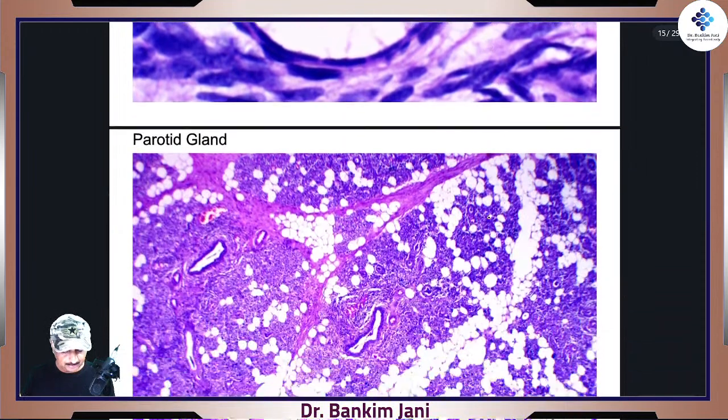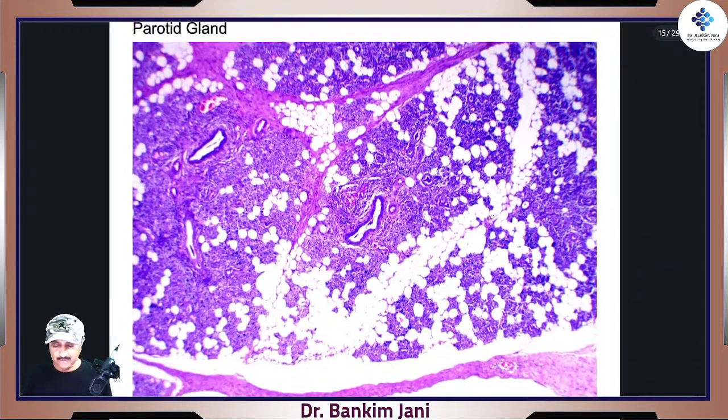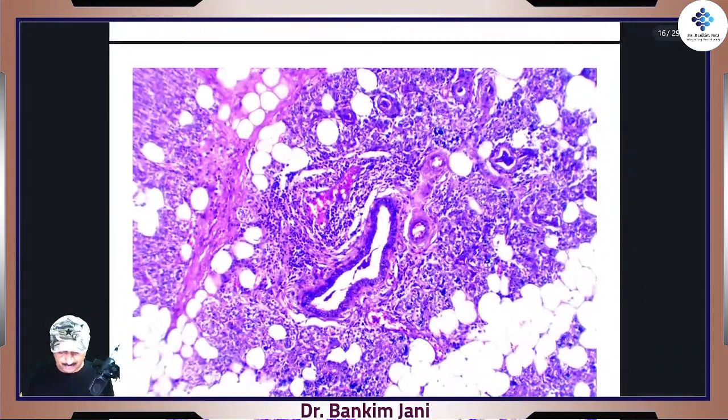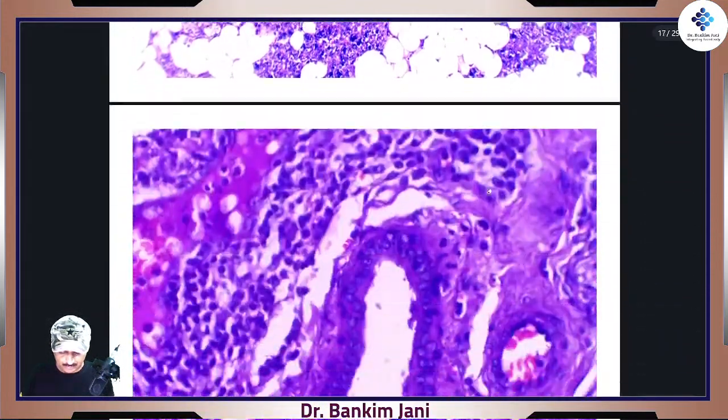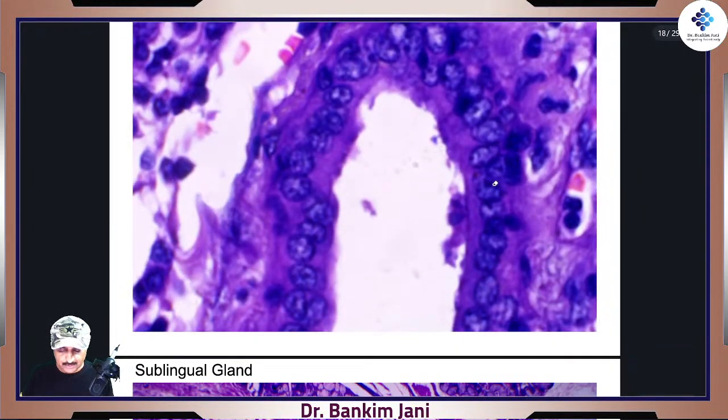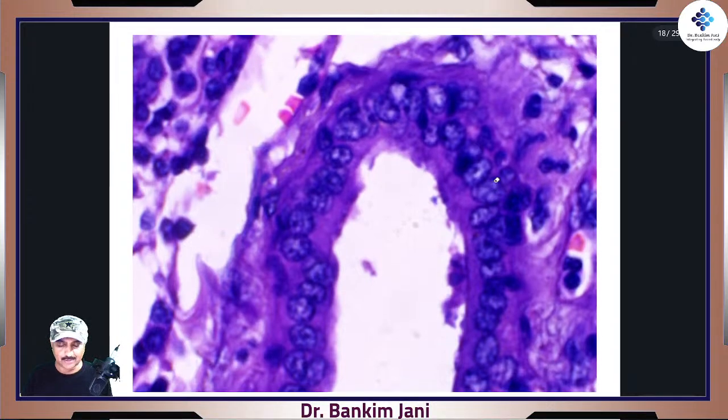On to the parotid gland, right? So this is how the parotid gland really looks. So everything looks like a khichdi, right? But when we zoom it, see the beauty. See the beauty.